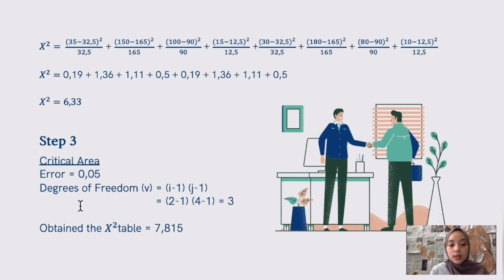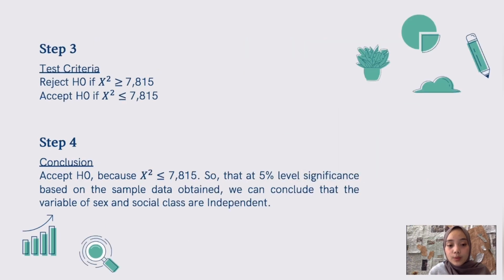After we calculate, the chi-square result is 6.33, and the table value is 7.815, so the calculated chi-square is less than the table value. So at the 5% level of significance, based on the sample data obtained, we can conclude that the variables sex and social class are independent.